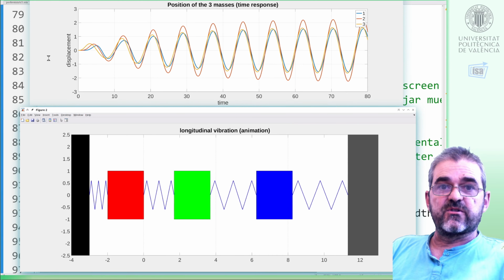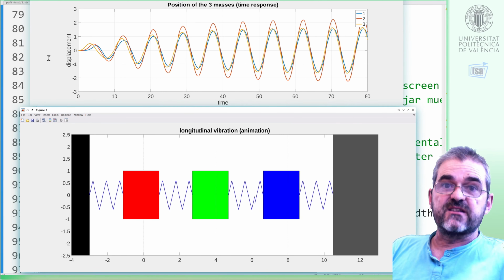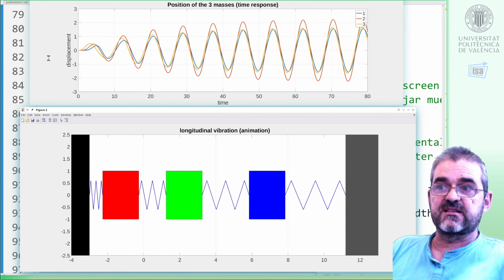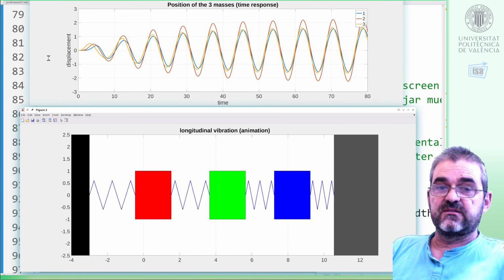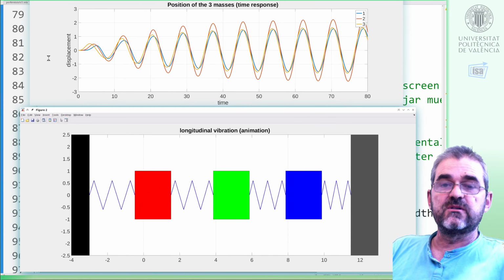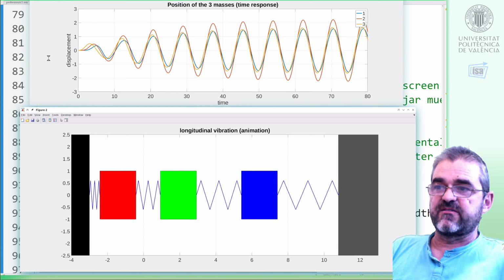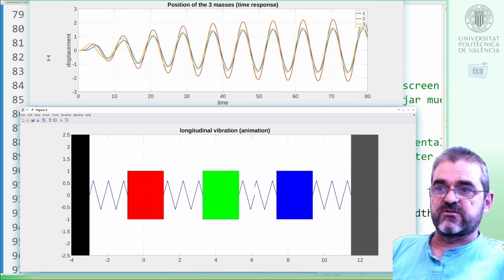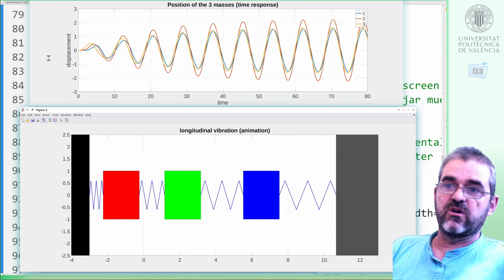And indeed, the response are 3 sinusoids with a given amplitude and phase shift between them that in this case it seems that the 3 masses move in phase, roughly. There is a small phase difference, but not really significant. As you see, all of them move, all of them left, all of them right.